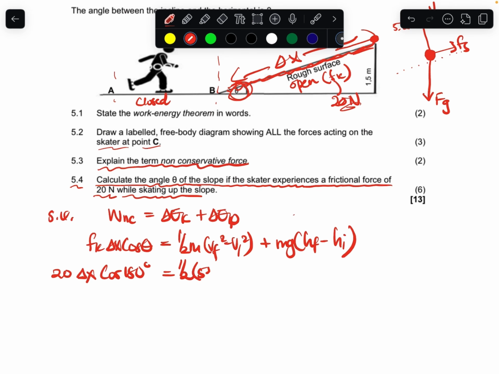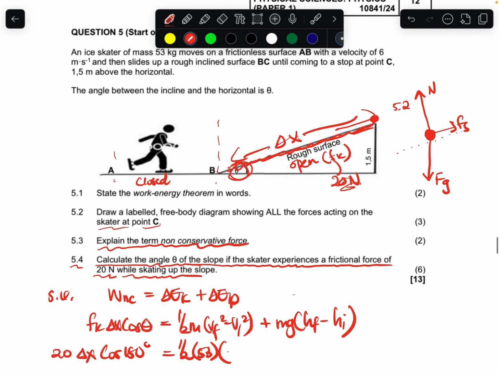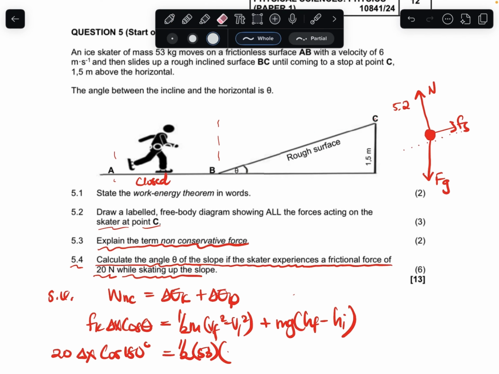It's half of 53, and the final velocity, it comes to still. Guys, we must remember here the final velocity is 0, and the initial velocity, it was moving at 6 here. That means the initial velocity is 6, right? We're going to use 6 there.